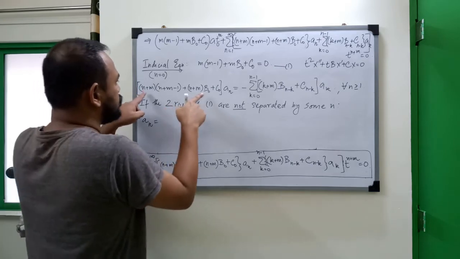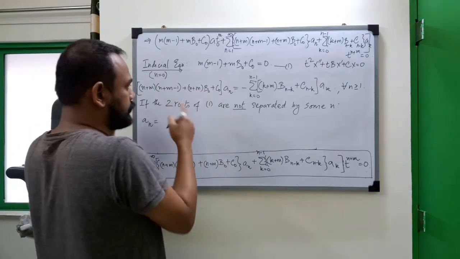We just divide by this whole coefficient, this entire quantity.